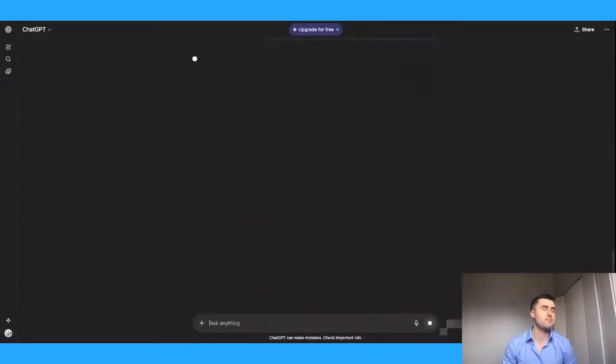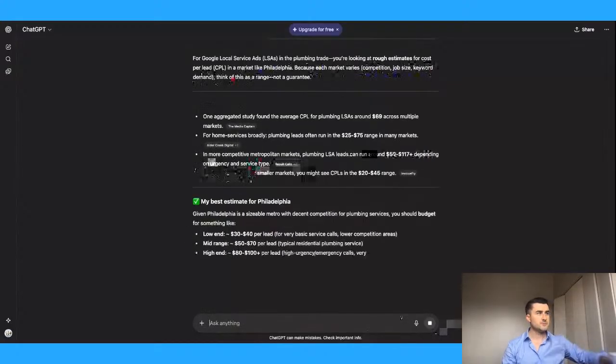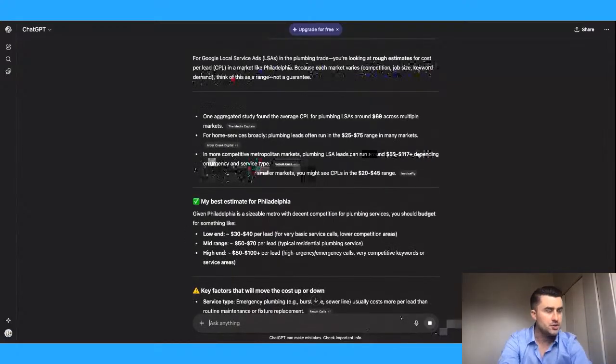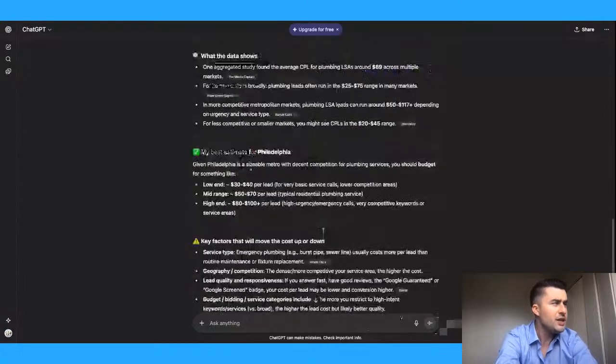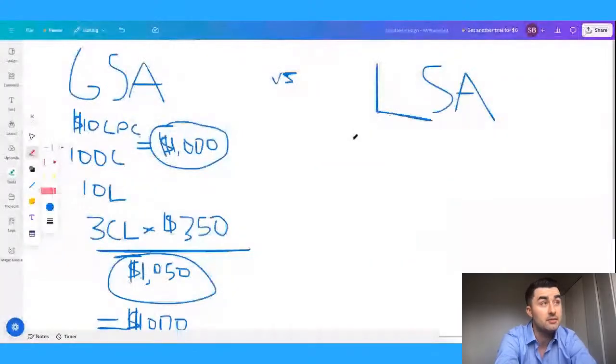Just keep it consistent. So roughly speaking, it's looking like around, it says 69 here. Let's just average it out to $70 per lead, right?